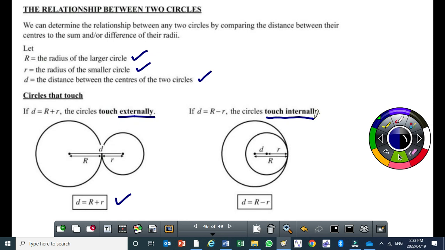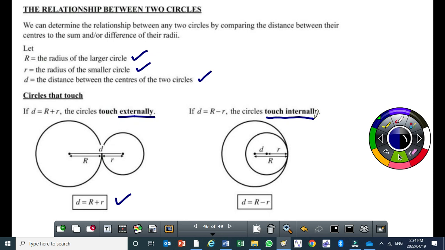Any questions so far? So say we have to prove it. They will give you two circles and their equations. From the equations of the two circles, we are supposed to determine their centers and also determine their radii. Using the coordinates of their centers, calculate the distance between their centers.